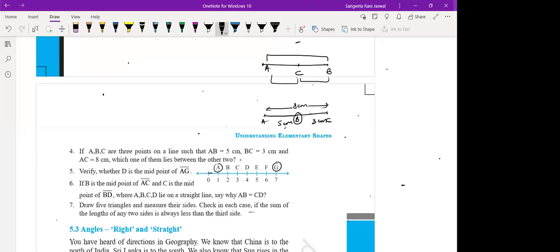D is the midpoint. Okay, if you are saying D is the midpoint, then what is the distance AD?